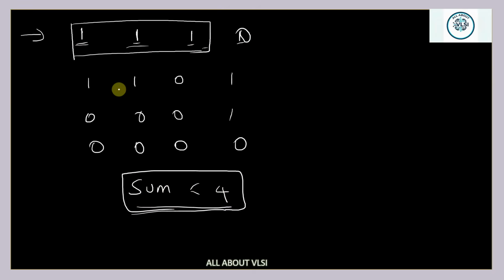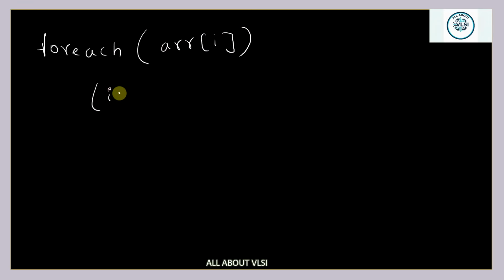So what we can write down here is a foreach loop. And this particular thing we are storing in an array, right? So I'm going to write foreach of array of i. I'm going to check this condition whenever i is greater than or equal to 4, so i minus 4.